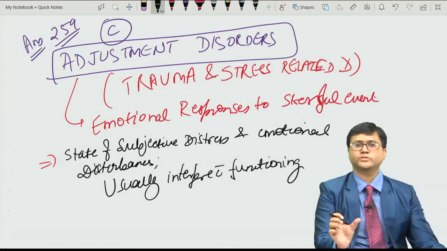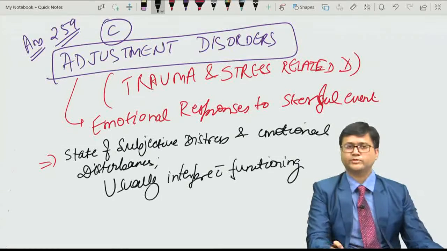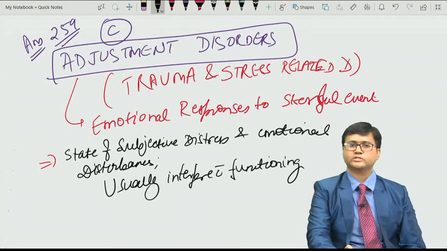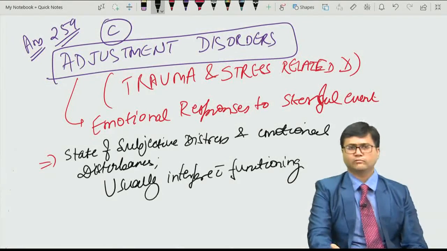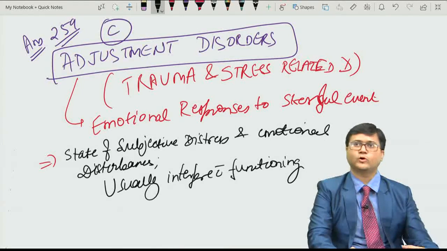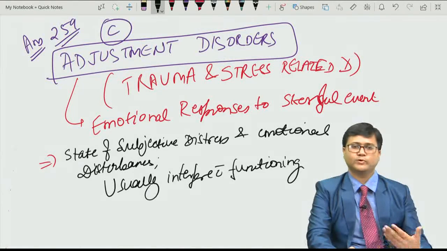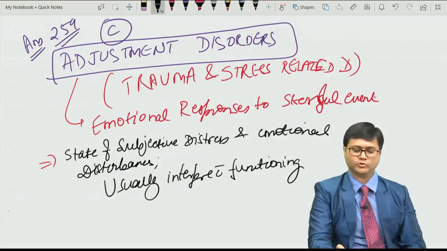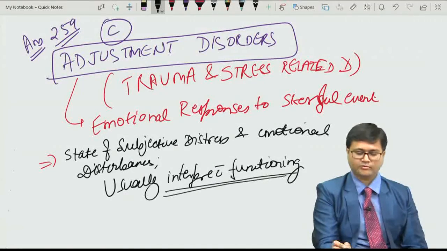So because of some stress, there is subjective distress and emotional disturbances which usually interfere with functioning. What we mean by interfering with functioning is that the person is not able to perform various social functioning like interacting with people, or occupational functioning like at the workplace, or in school or college. He is not able to cope with the various activities. So there is interference of functioning.